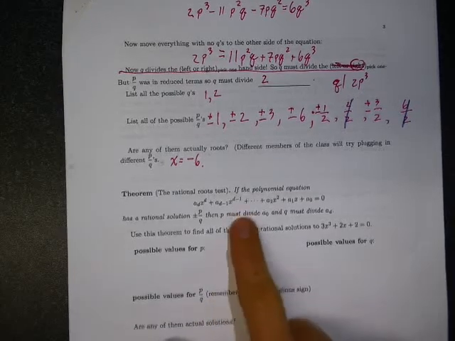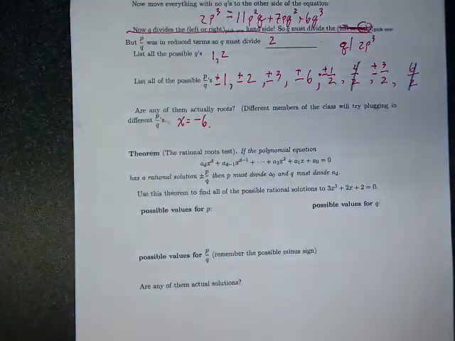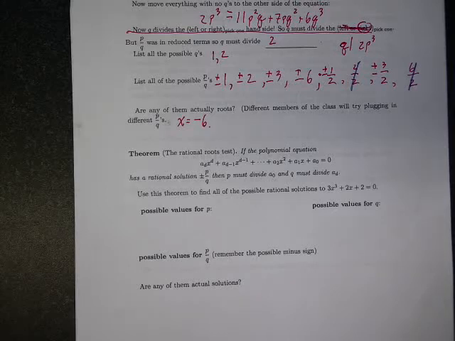So here's the actual statement of the rational roots test. The machinery that we did to do that walkabout, oh, this is going to divide p, that's going to divide q, that could be done for any polynomial. Any polynomial you want.